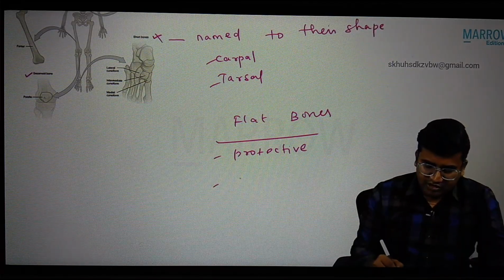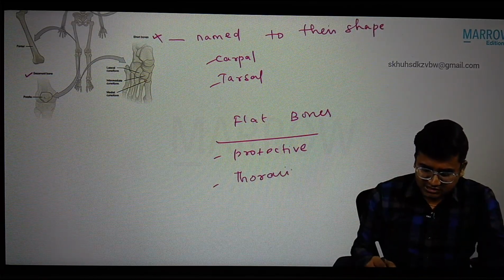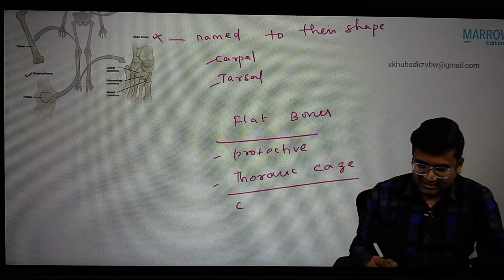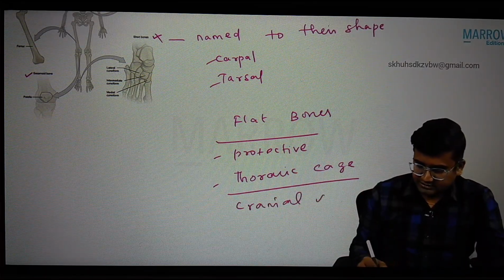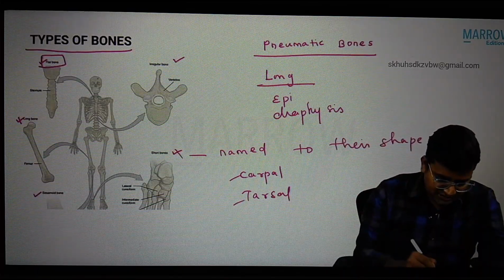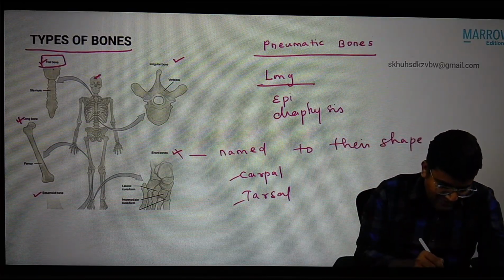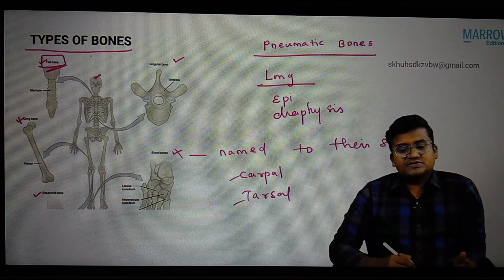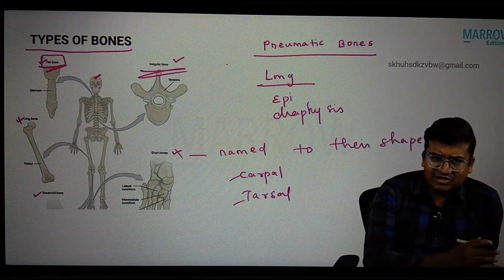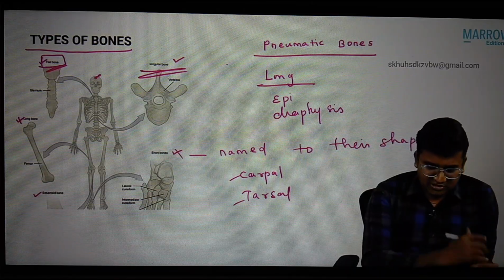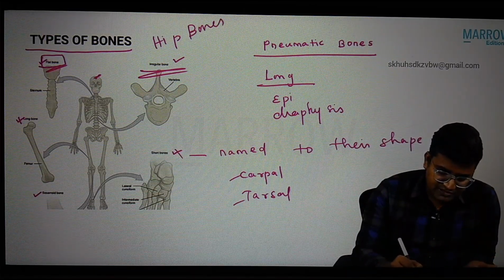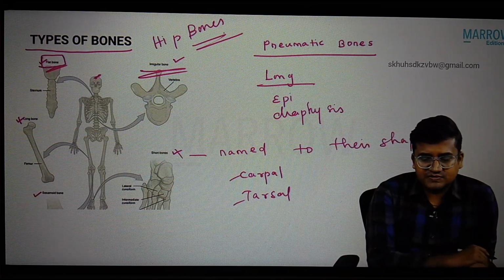The bones of the thoracic cage and the cranial vault are flat bones. Next, irregular bones. The name itself gives you a clue, they don't have a regular shape. Examples are the vertebra and hip bones.